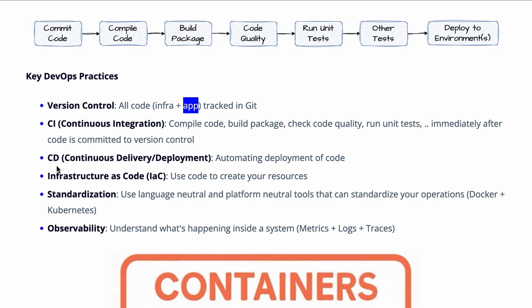Now, what is CD? Continuous delivery or deployment? Continuous delivery or deployment takes continuous integration to the next step. You'd also want to automatically deploy to environments. You might have a dev environment, a QA environment, a stage environment and a production environment. So you'd want to automate deployment to these environments as well.